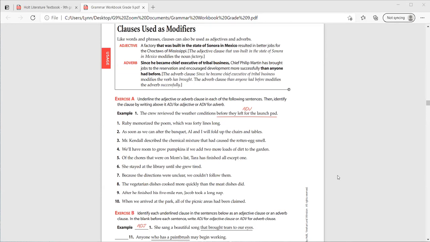Yes, we're on the example. You see, it says Rudyard Kipling, who was born in India, wrote a wonderful story about a brave mongoose. Here, is who was born a modifier? Yes, it's a modifier because who was born in India describes Rudyard Kipling.